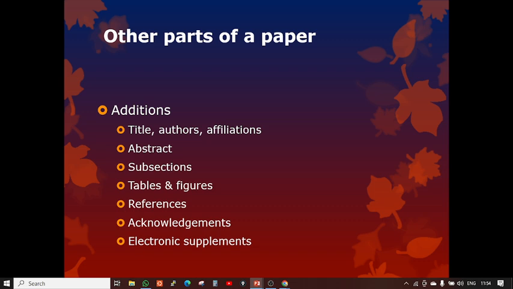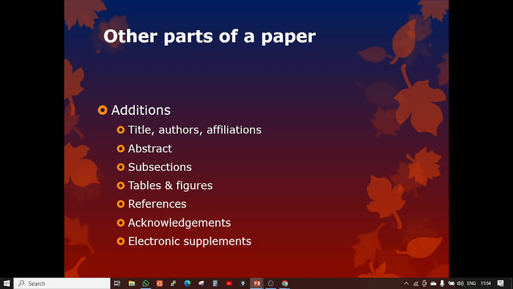Are you a researcher, a lecturer, or a scientist? You affiliate your institutes and organizations. That is called affiliations. Then below that there is the abstract, keywords, emails, and some other things in this part of the research paper.